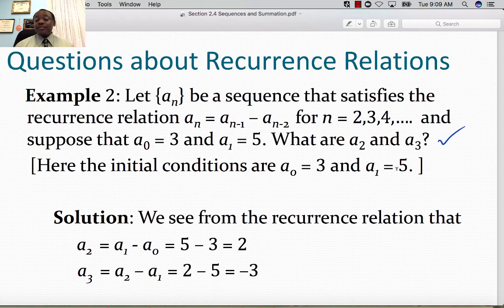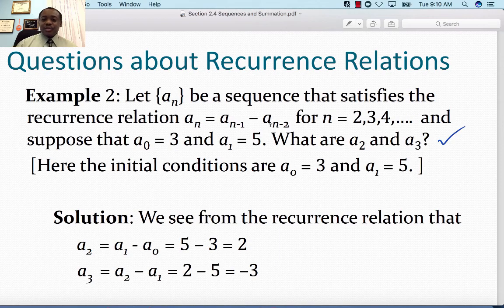So that makes life really, really easy. And we start from 2, which means I cannot say a_1. a_1 has already been defined. So what would a_2 be? a_2 would be a_1 minus a_0. We know what a_1 is. We know what a_0 is. What would be a_5? a_5 is going to be a_4 minus a_3, and so on and so forth.